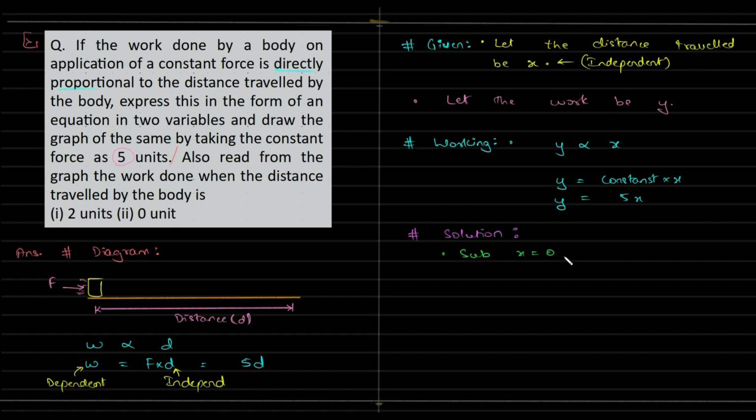Substitute x is equal to 0. So y will be equal to 0. Next we will substitute x is equal to 1, y is equal to 5. Very simple. And last, let's substitute x is equal to 2, y is equal to 10.